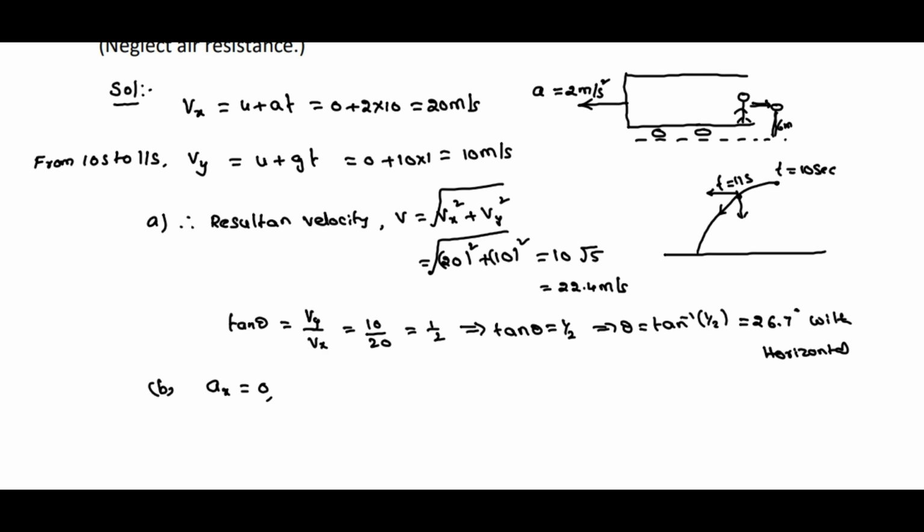We can write acceleration is vertically downwards. How much is that? That is g equal to 10 meter per second square. So therefore, net acceleration will be downwards.